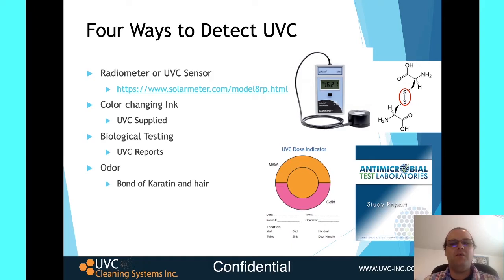And the final way of being able to detect UVC is something that you'll notice in the room from repeated use, and that is a specific odor that's produced. It kind of smells like sulfur or a tanning bed. And it really is a bond of keratin and hair found in the room that's creating those elevated levels of odor.